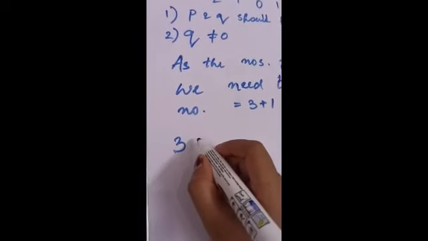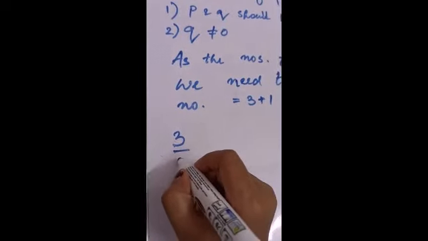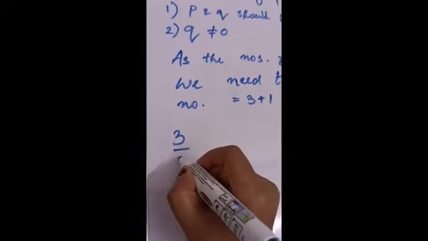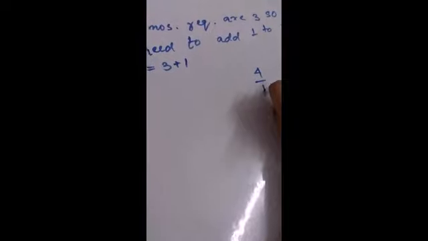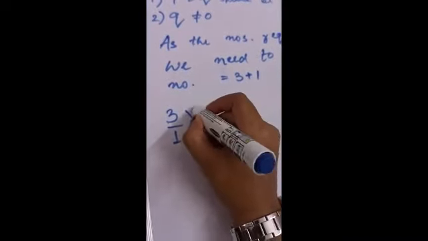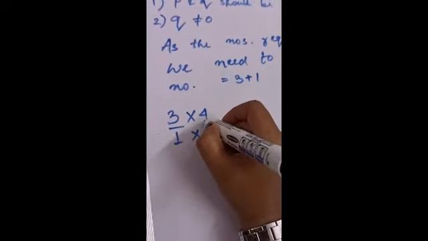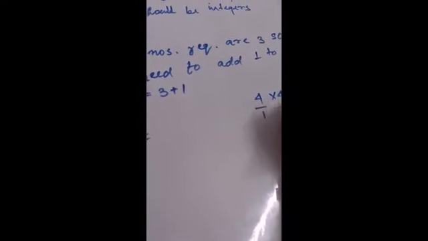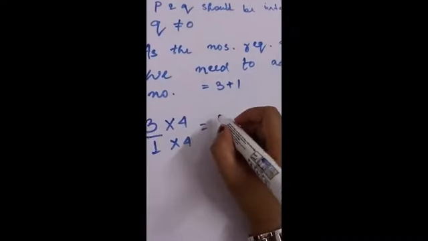Now what we are going to do, we can say that 3, if we express as a rational number, we can say it is 3 by 1. Similarly for 4 also we can say it's 4 by 1. Okay, now since we'll add 3, we'll multiply 3 by 4, and similarly here we'll multiply 4 with 4, both the numerator and the denominator.